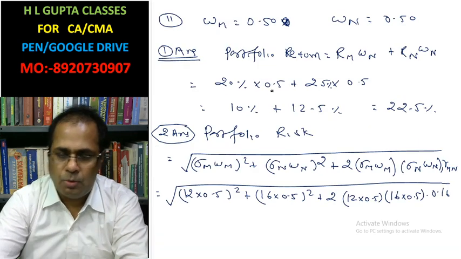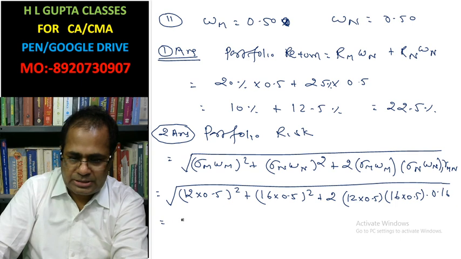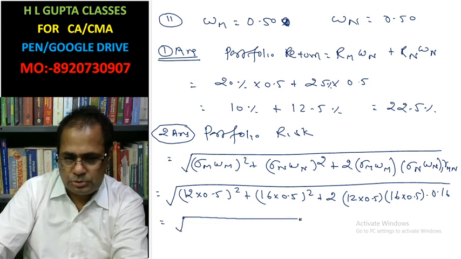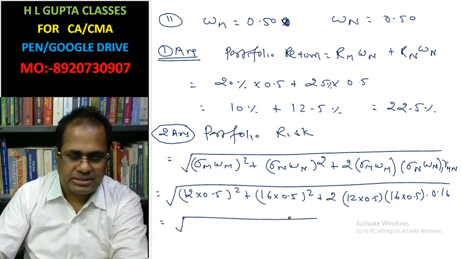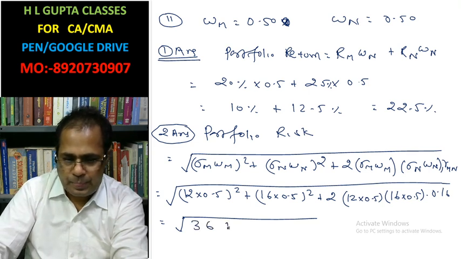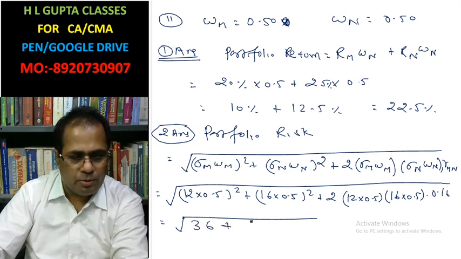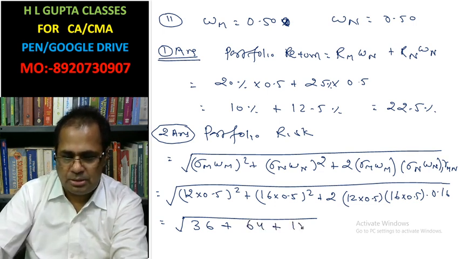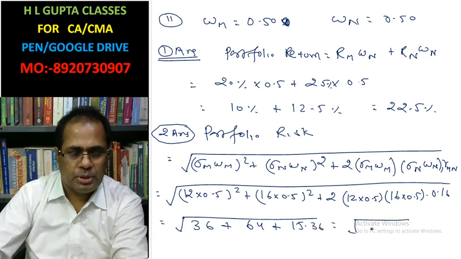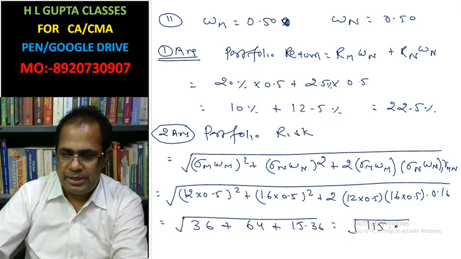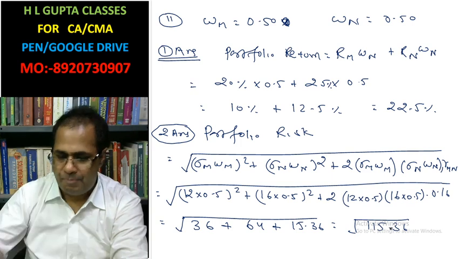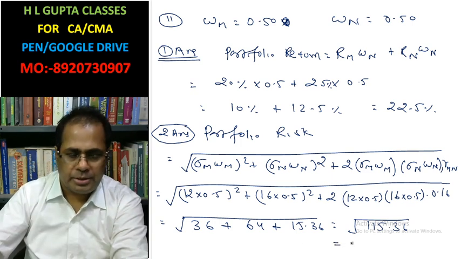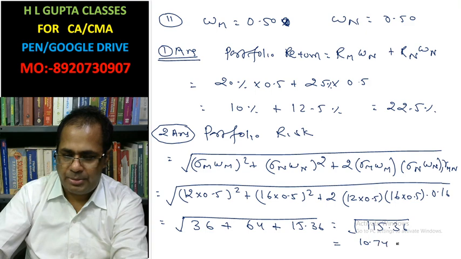Now what will be the solution in this case? That is 36 plus 64 plus 15.36, which is 115.36, and its square root is 10.74%.